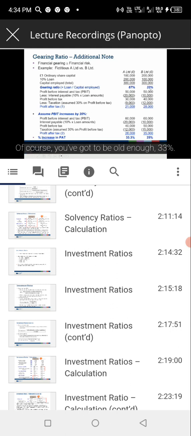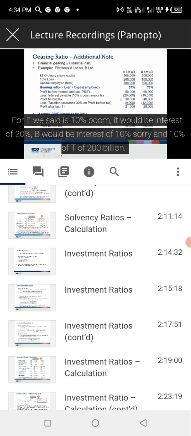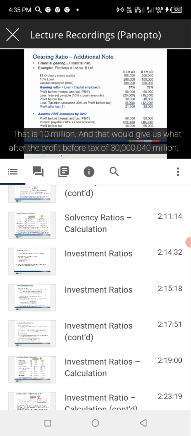That's 33%. Now, let's say they have the same amount of profit before interest and tax. For A, we said it's 10% loan. Sorry, A, 10% of 200 million, that will be 20 million. B, 10% of 100 million, that is 10 million.